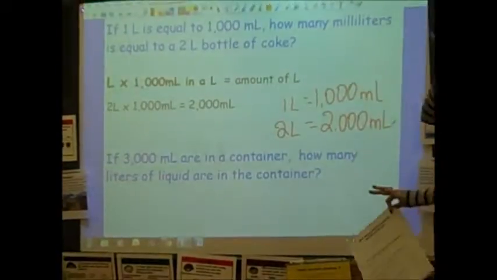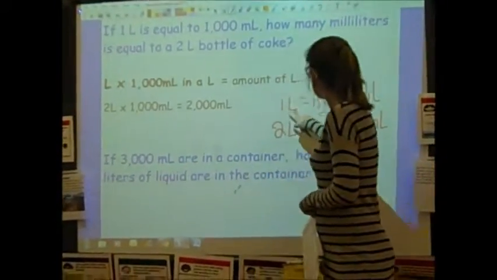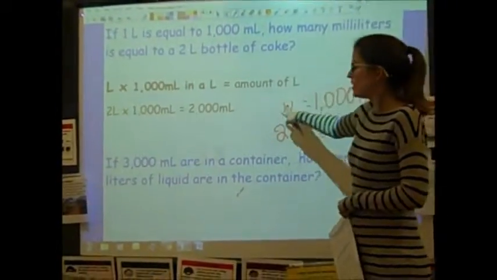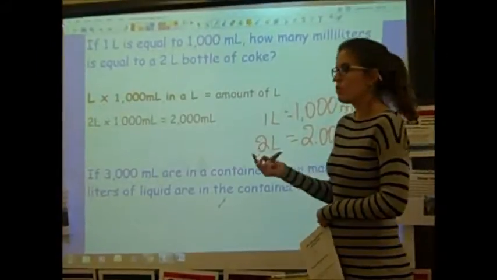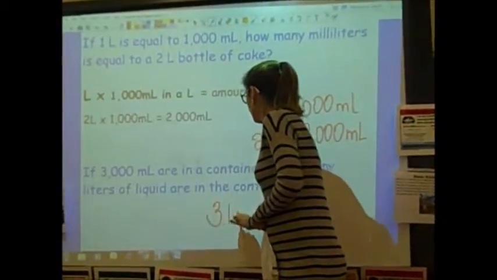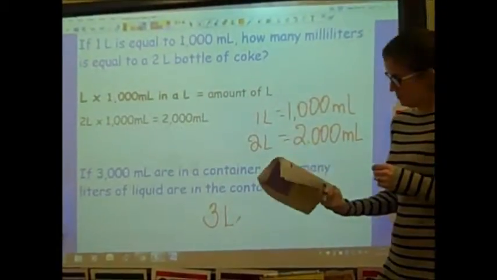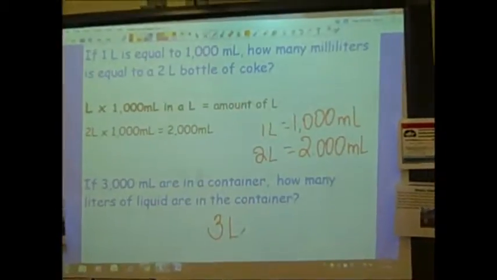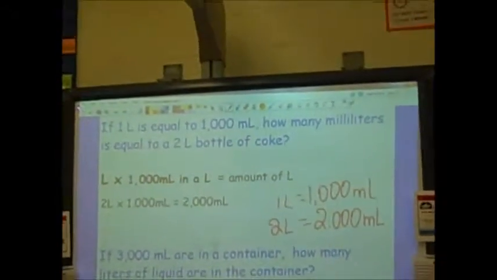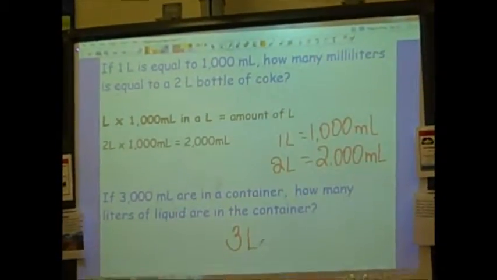So this time we're going backwards. Again, if we have 1,000 milliliters in 1 liter, if we have 3,000, how many liters are we gonna have? 3. So it's really just converting and then thinking, is it reasonable to measure this bottle with which one of these measurements would you use?